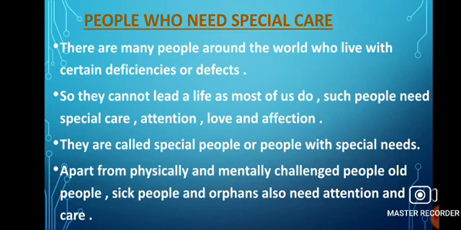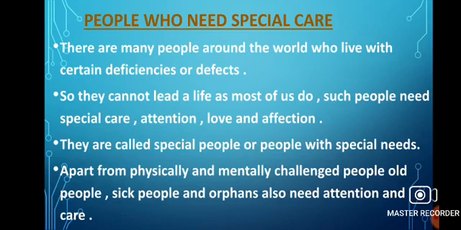Apart from special people or differently abled people, some more people are there who need special care, attention, love, and affection. They are old people, sick people, and orphans. Now the question is, why do old people need special care?